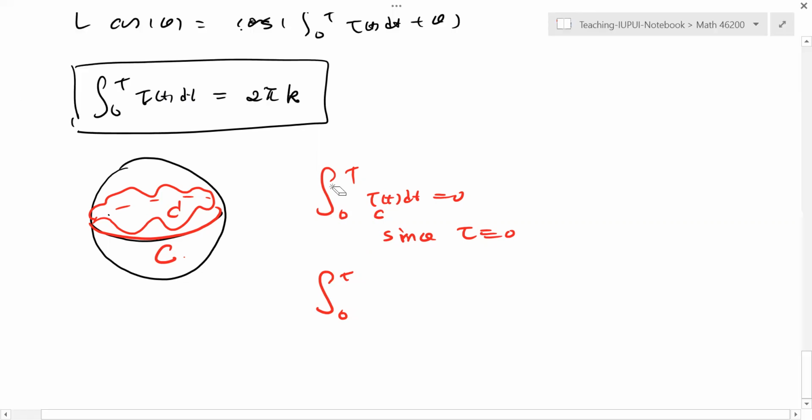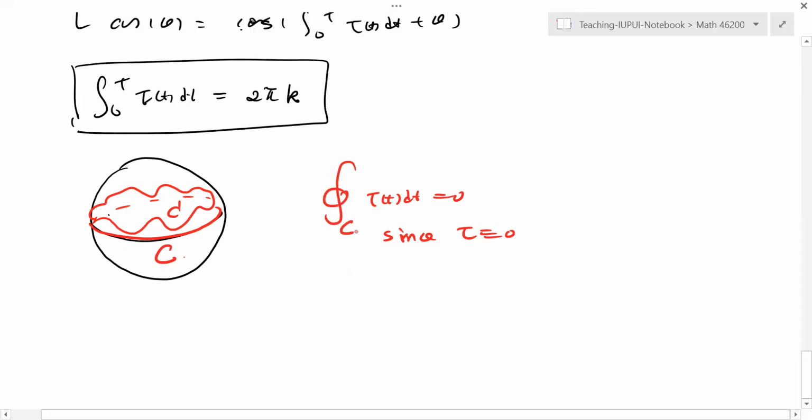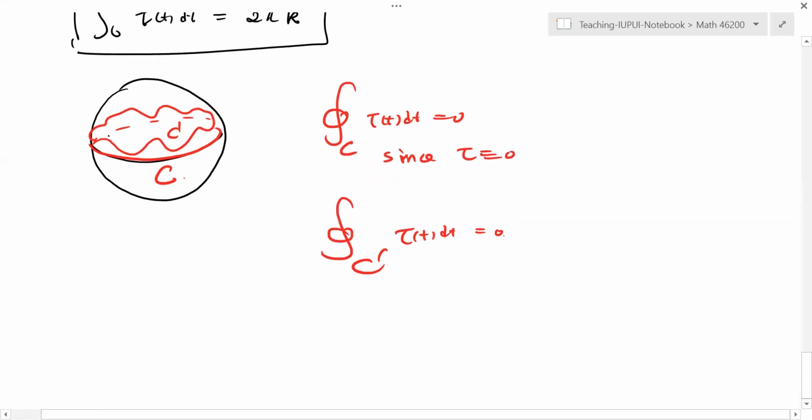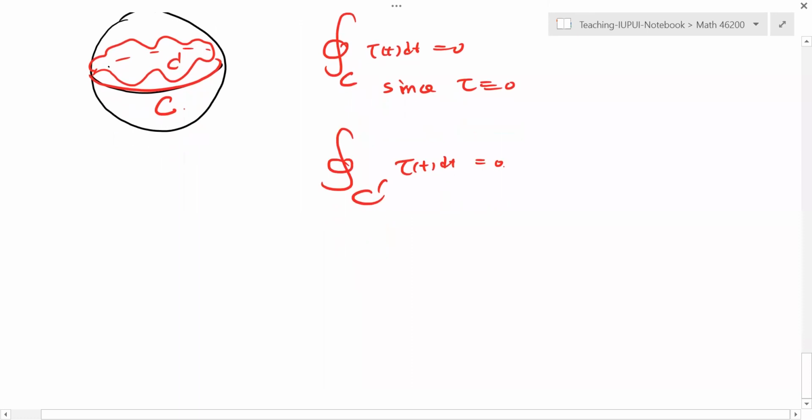We can use this notation much better. So it's also 0 in general, as long as C prime is a slight deformation of C. Okay, so that's about closed curves on the sphere.